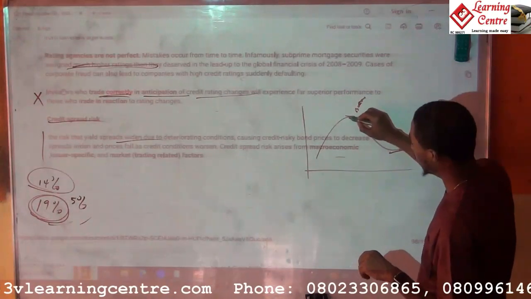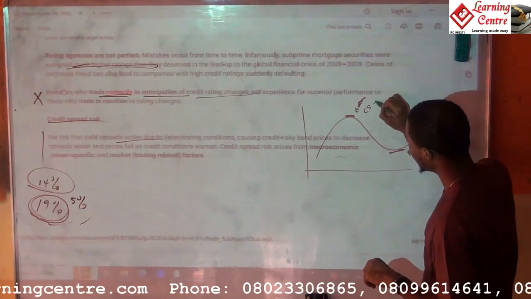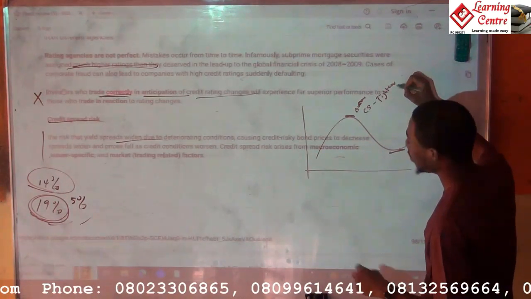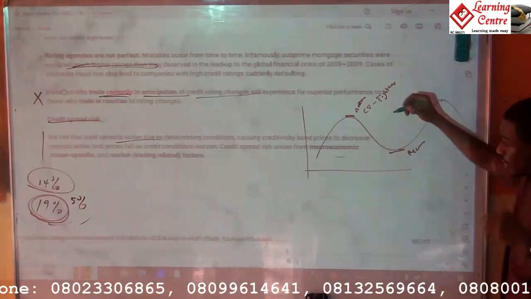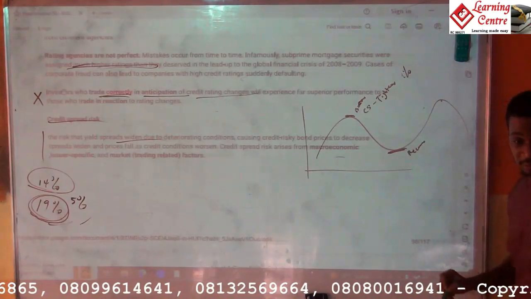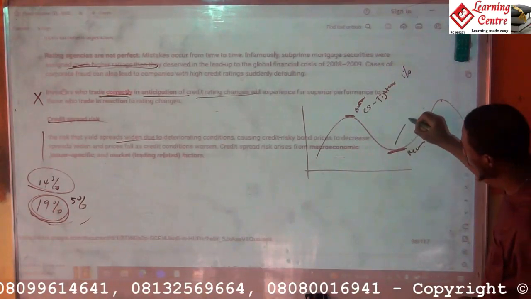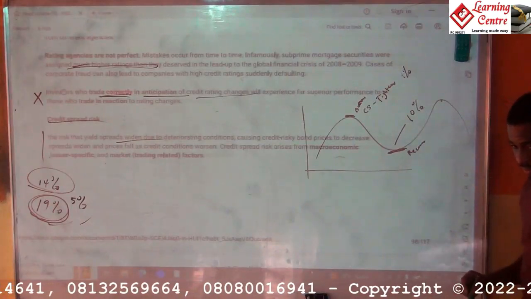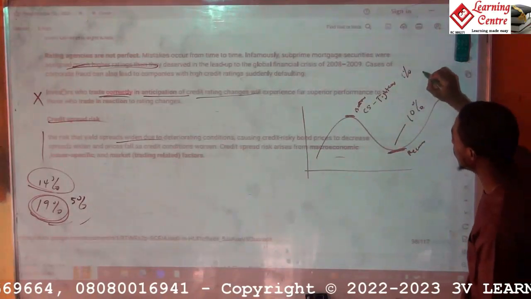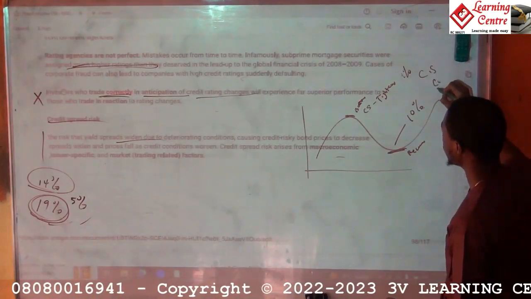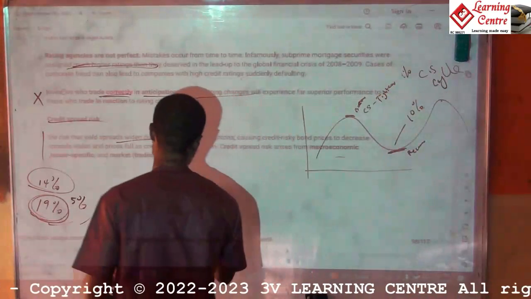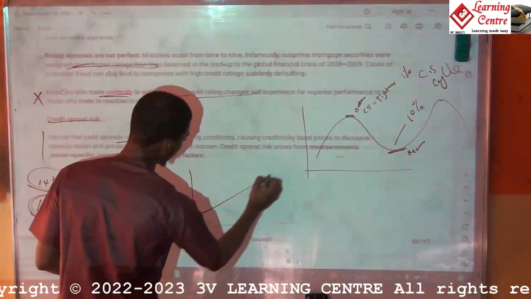In the boom, the credit spread tightens and can go as little as 1%. During recession, because we are all expecting them to fail, the credit spread can widen to like 10%. That's why, same way we have the business cycle, we have the credit cycle. And we have the credit spread curve that goes this way.